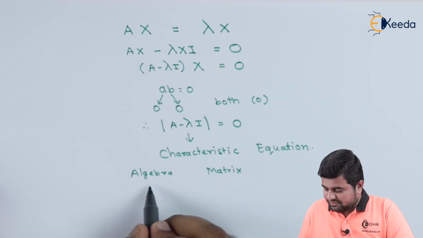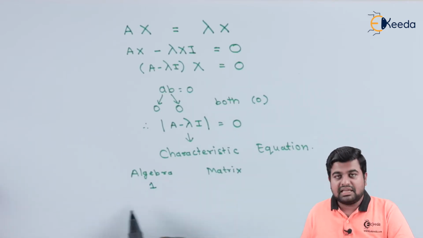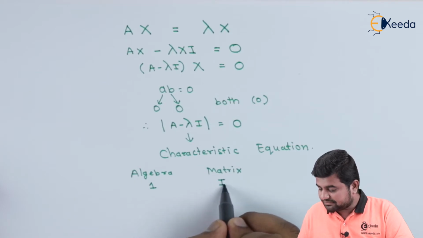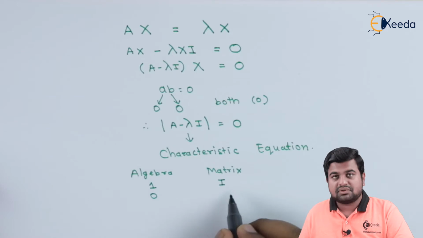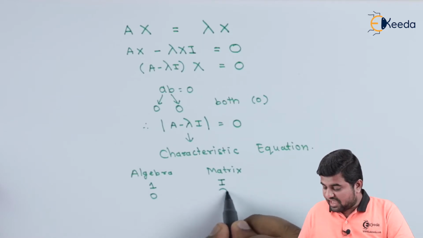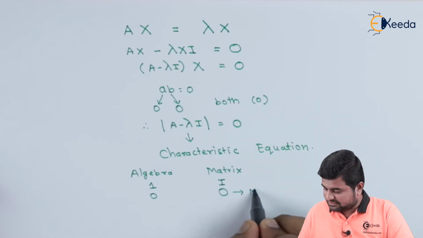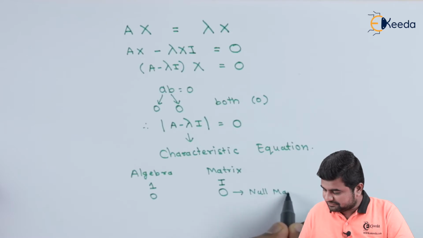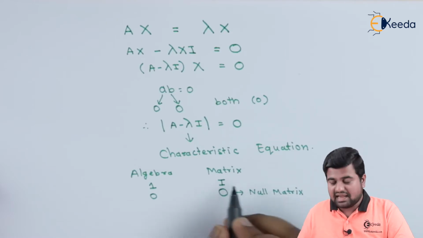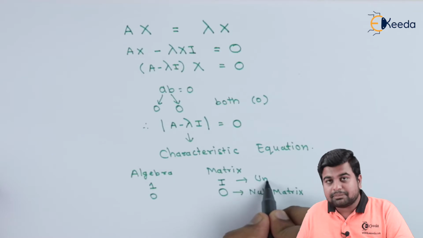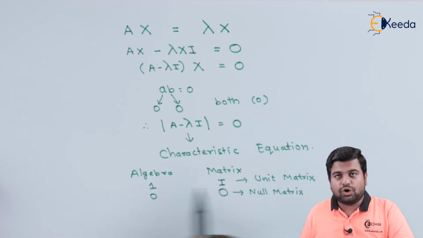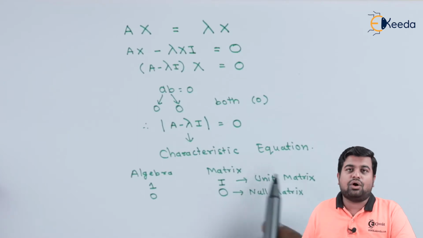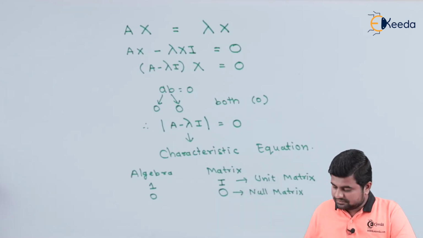In algebra we have 1, in matrix we have I. In algebra we have 0, in matrix we have O, that is null matrix, and I is nothing but the unit matrix with all the diagonal elements are 1 and all the other elements are 0.